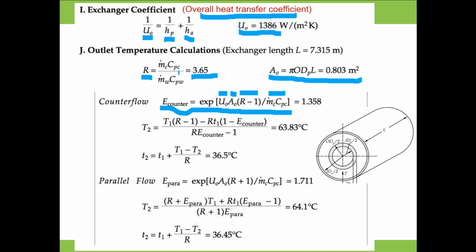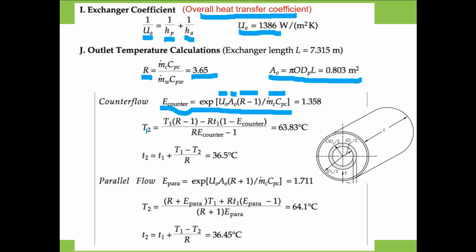Then we substitute this R and A naught values into this E expression, which for counterflow comes out to be 1.358. Then we use the expressions for the exit temperatures, so final temperatures T2 and t2. Remember, as we discussed in our previous lecture, capital T2 indicates the warm fluid and small t2 indicates the cold fluid.